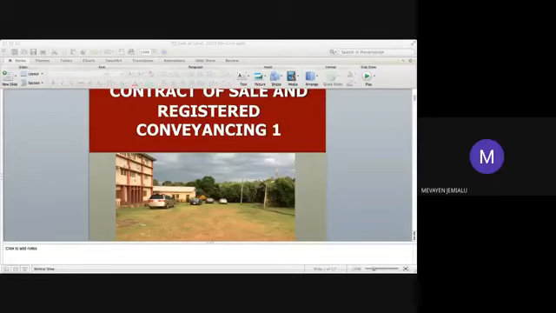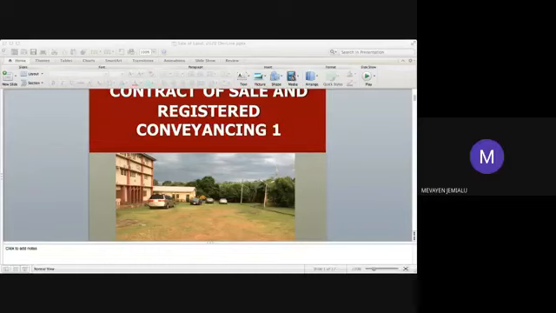Together with the eastern states and the northern states, these are broadly regarded as the CA or Conveyancing Acts states. Then we have the Property and Conveyancing Law states, referring to the Old Western Region, which presently consists of Ogun, Oyo, Osun, Ekiti, Edo, and Delta states. They are governed principally by the PCL.